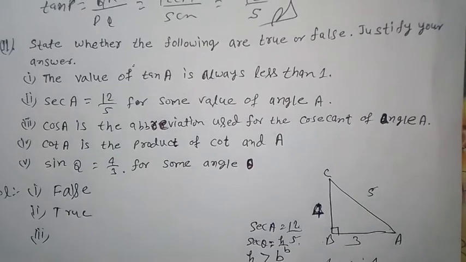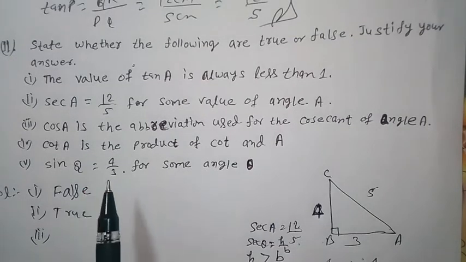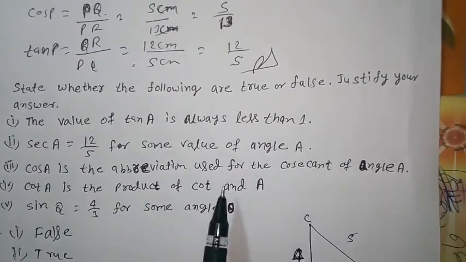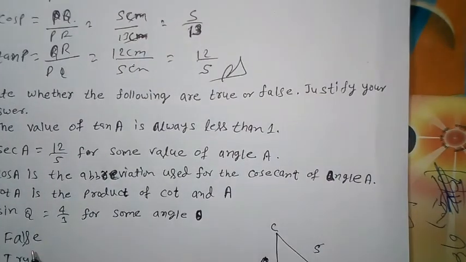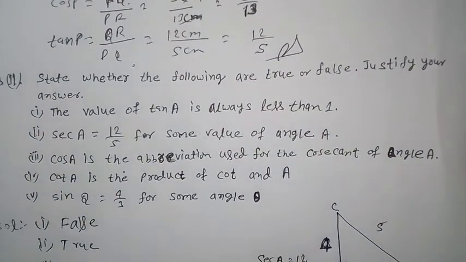Question number 3. Cos A is the abbreviation used for the cosine of angle A. False.